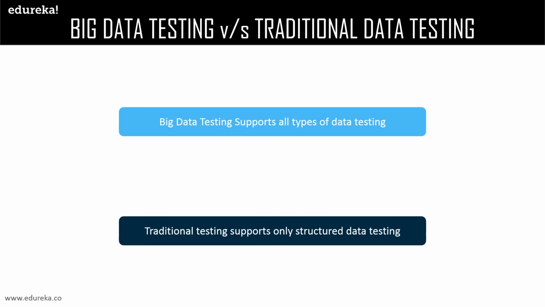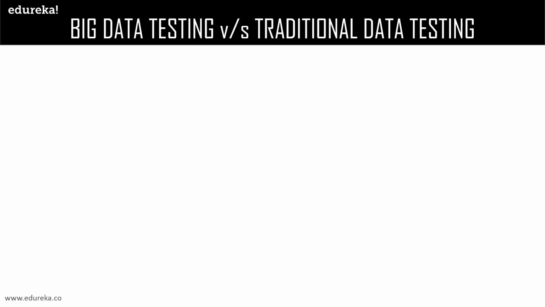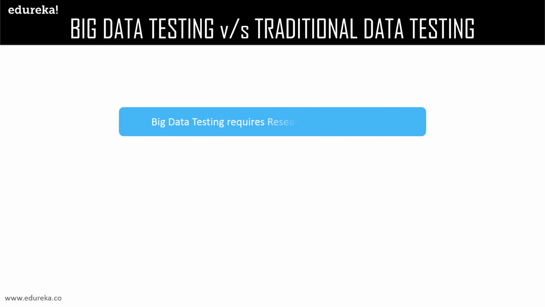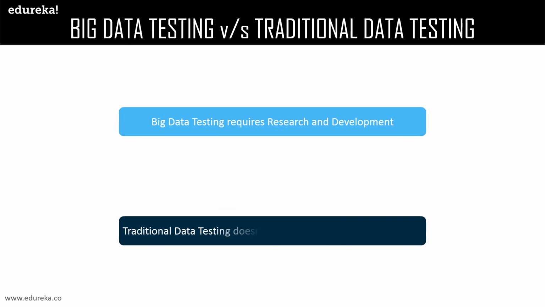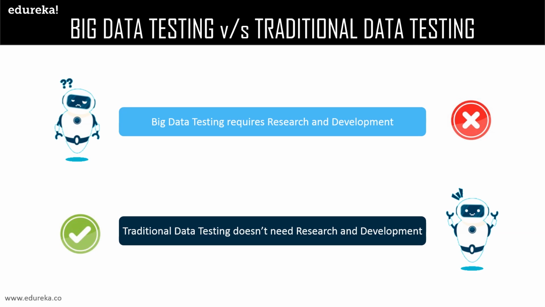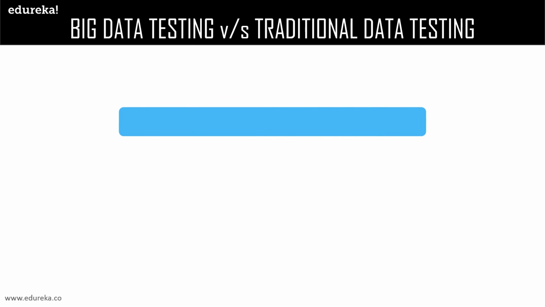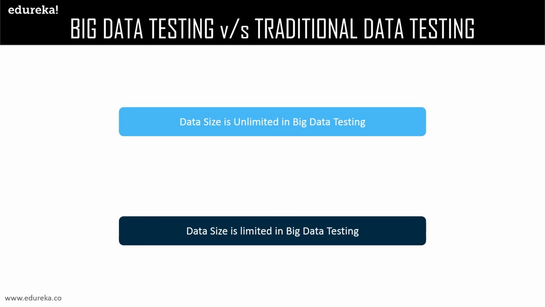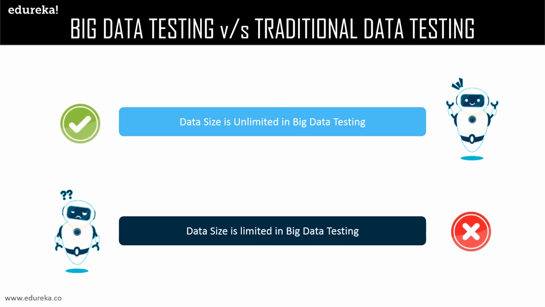traditional testing supports only structured testing. The next difference between the both is big data testing requires research and development, whereas in traditional data testing, we don't require research and development. The third difference is the data size is unlimited in big data testing, whereas the data size is limited in traditional testing.